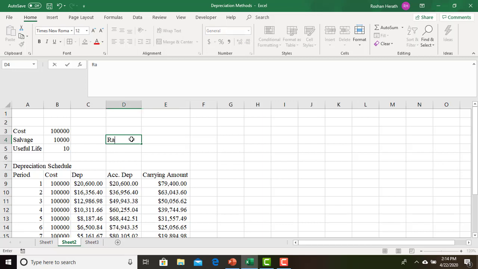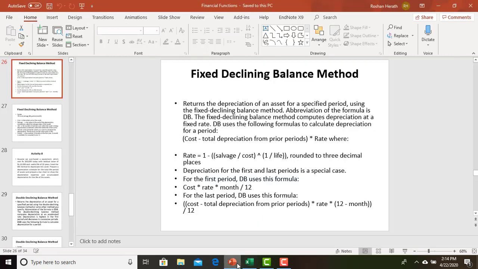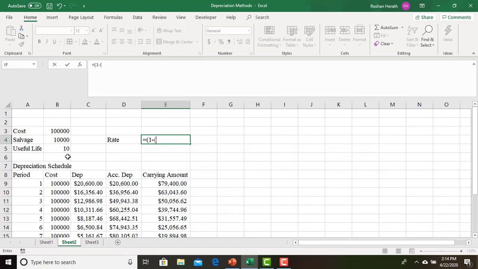it is 1 minus, you take 1, so just go back to the formula, it is the salvage divided by the cost, to the power 1 divided by the life.